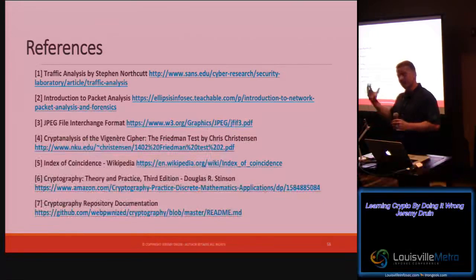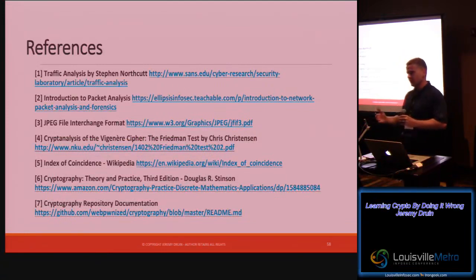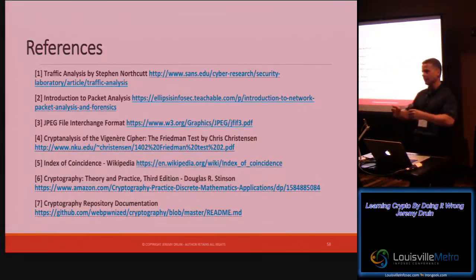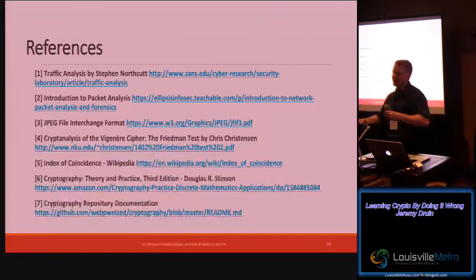They would have the same set of skills to recognize, hey, when I run the statistics on this traffic, I'm noticing this about the mode, the median, the mean. I'm noticing this about the histogram, the Shannon entropy, and some other statistics. And that pattern or profile fits the pattern of what AES looks like.